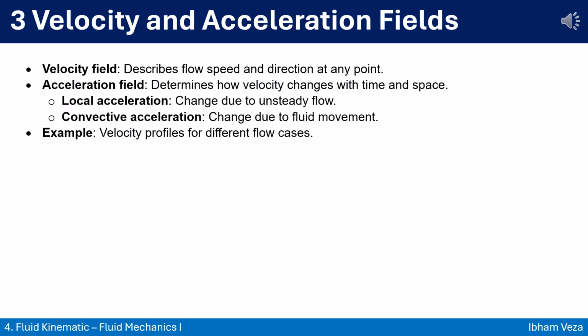First, local acceleration happens when the flow changes over time, like when you suddenly turn on a faucet. Second, convective acceleration happens because fluid moves from place to place, like a car accelerating when going downhill. Together, these help us understand velocity profiles, which are like speed maps of the flow under different conditions. Understanding these fields gives us a full picture of how fluid behaves in motion.